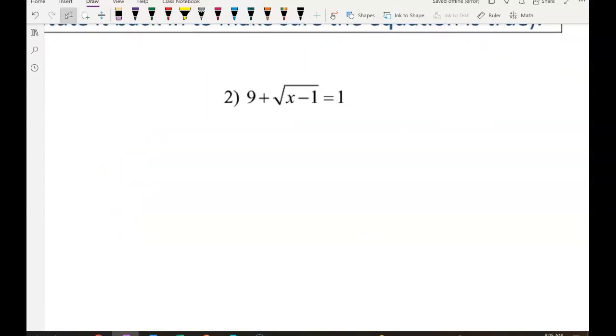Step number 1, Jackson, what do you want to do? Subtract 9. Okay, subtract 9. Now what? Then square root the other side, so negative 8.